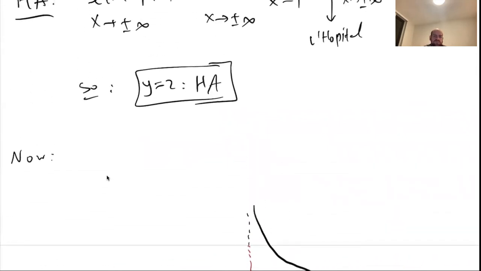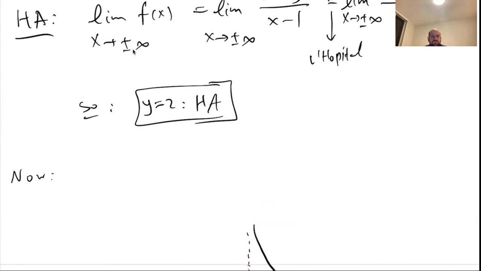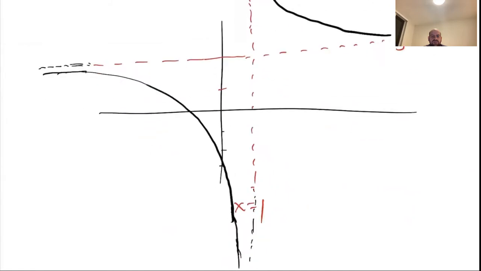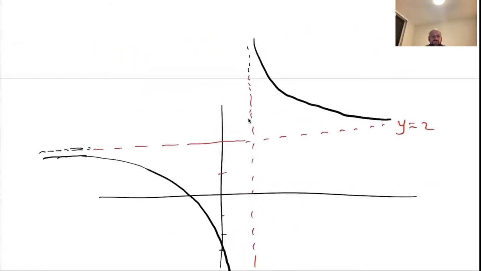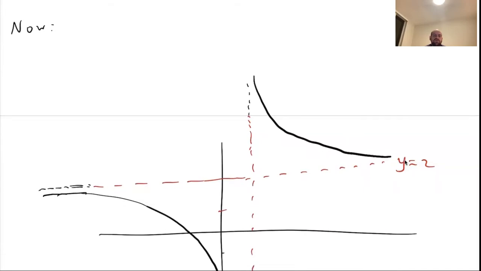So remember, y equals 2 is a horizontal asymptote, whether x goes to plus infinity or x goes to minus infinity. So from minus infinity, we started from y equals 2, we decreased all the way to minus infinity right before 1. Right after 1, we started from positive infinity. Again, we decreased and we approached y equals 2 as x goes to infinity.